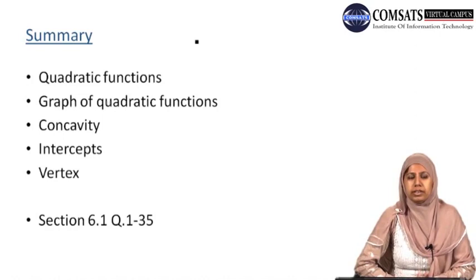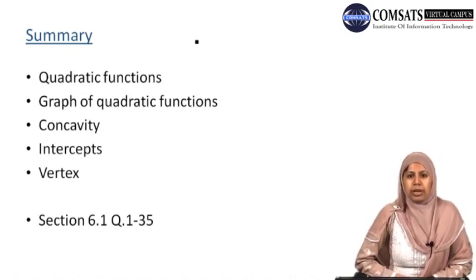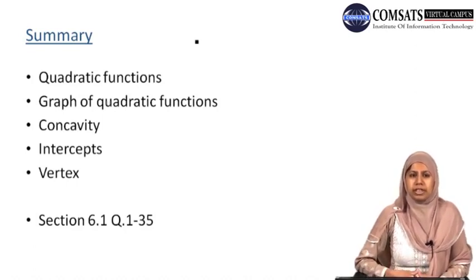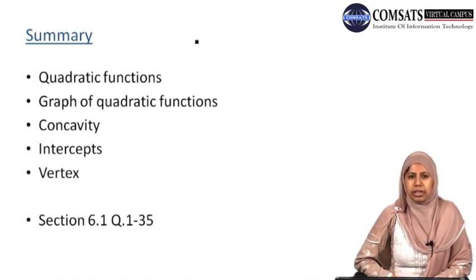From both the methods, we obtain the same roots of the equation or same x-intercepts. About the vertex of a parabola and how to sketch the parabola, we will see in our next lecture. In our next lecture, we will also see some applications of quadratic functions.